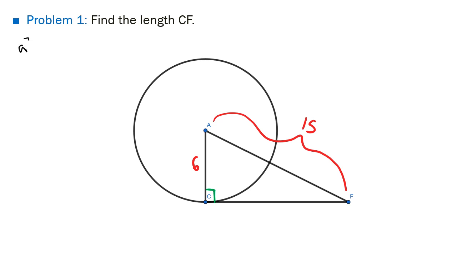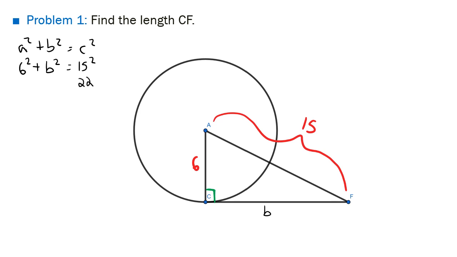So we have our a squared plus b squared equals c squared. We'll have 6 be our a squared. We'll let CF be our b squared. And our c is always our hypotenuse, which is opposite of the 90-degree angle. So we'll have c being 15 for us. So we go ahead and do the calculations.